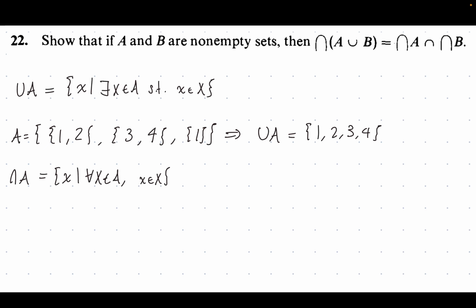Thus, it can't be in the intersection of A. 2 shows up only in this set, so it can't be in the intersection. 3 shows up only here, for the same reason. So this is going to be the empty set.